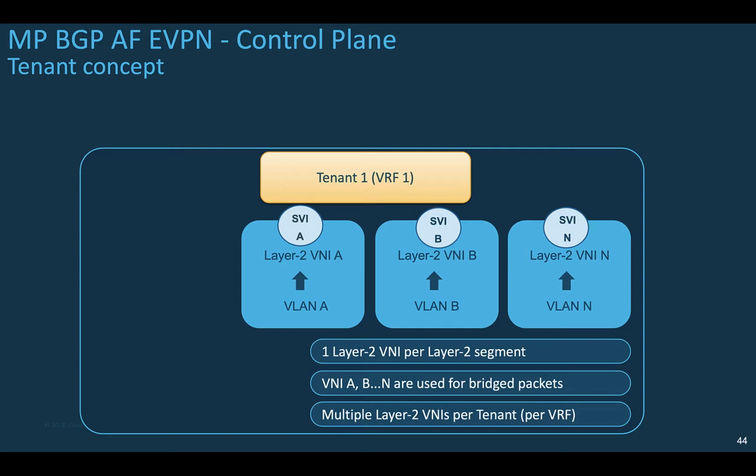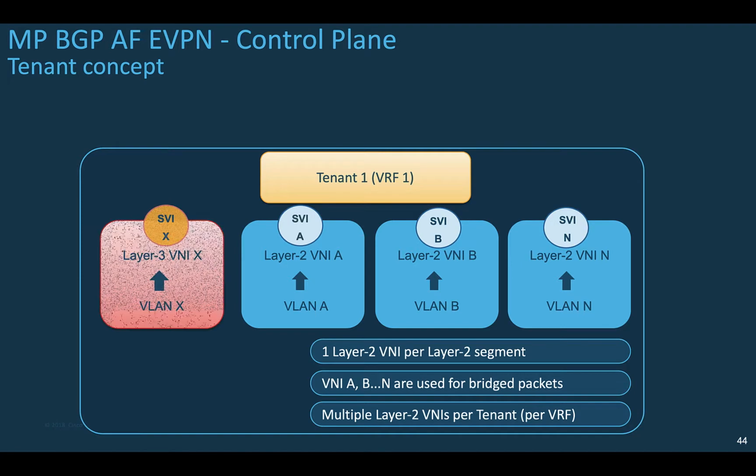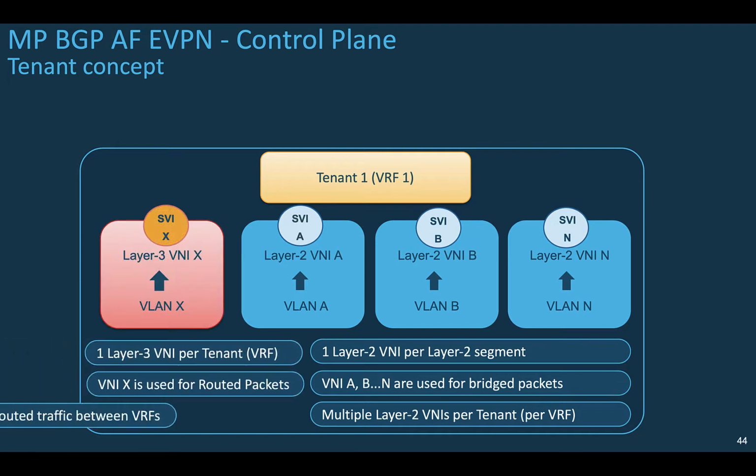So you can have multiple layer 2 VNIs per tenant, and there is one layer 3 VNI per tenant, right? So per VRF, if you wish, for routing purposes. Here the VNI X is used for routed data packets for tenant 1.